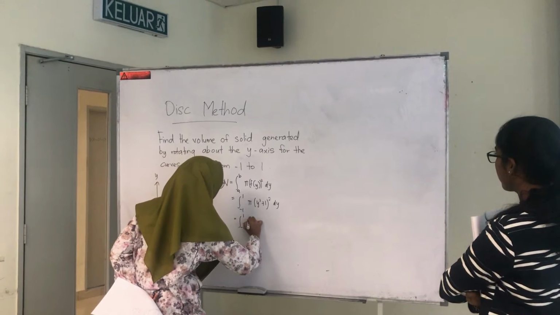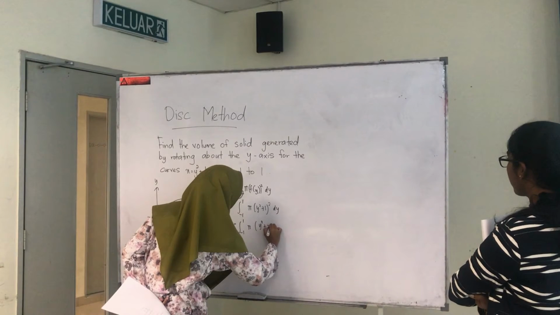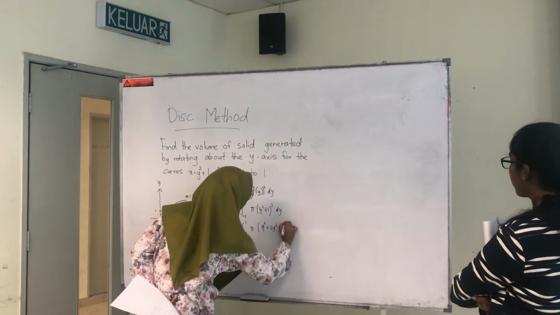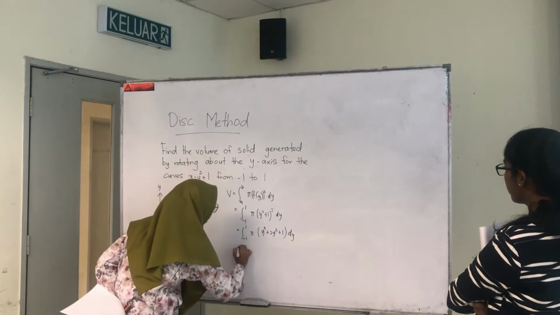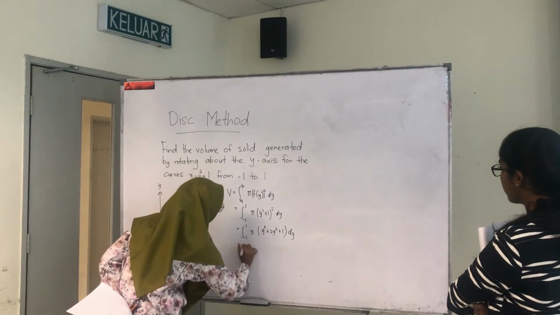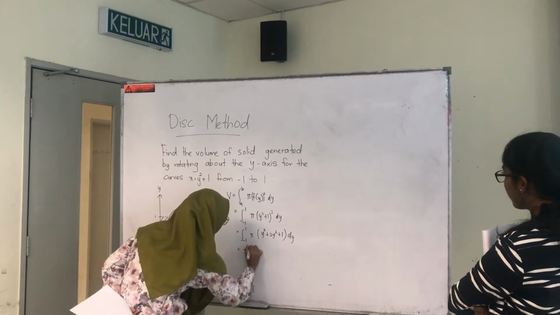Integral from negative 1 to 1 of pi times (y to the power of 4 plus 2y squared plus 1) dy. I bring the pi out since it has no y.